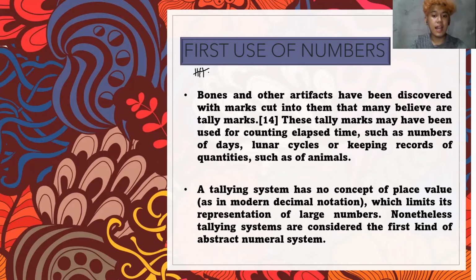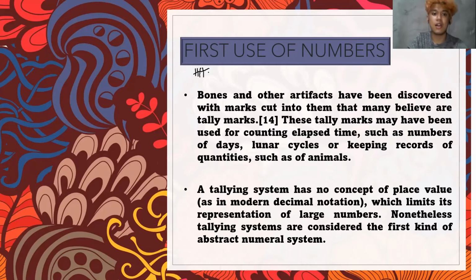A tallying system has no concept of base value as in modern decimal notation, which limits its representation of large numbers. In large numbers, we cannot easily use tally marks, because for such big numbers it is not enough.